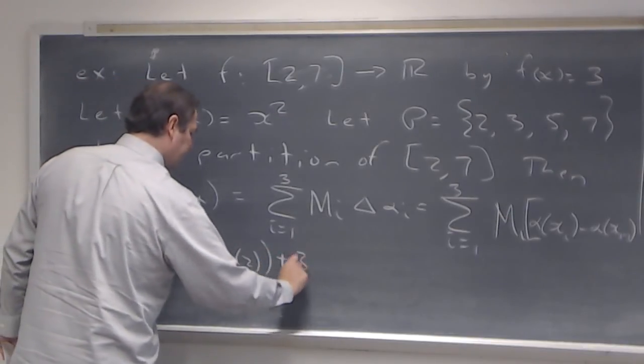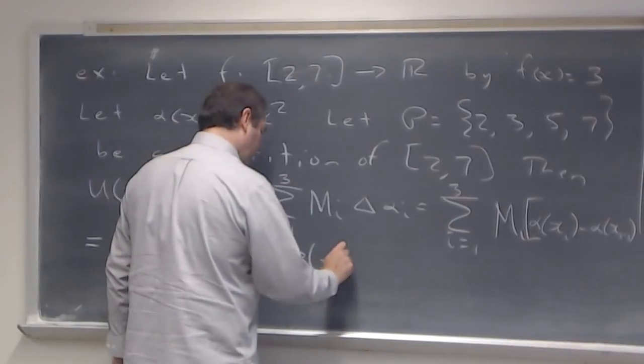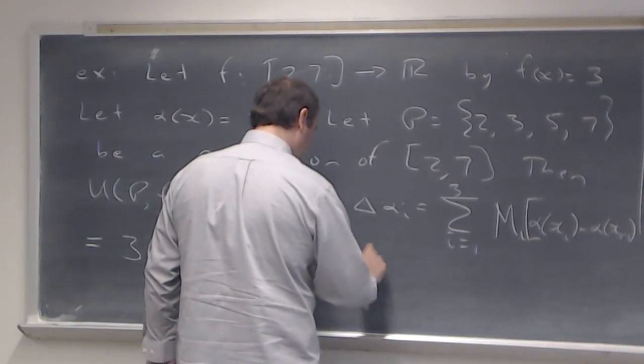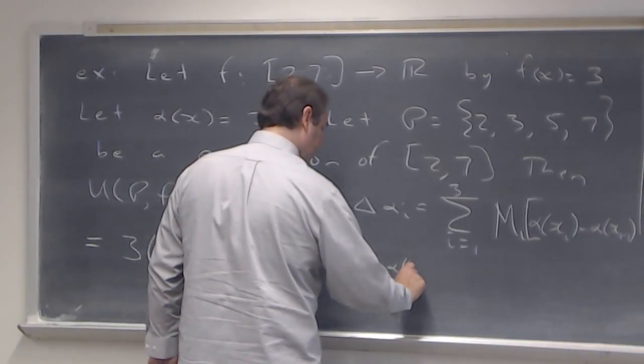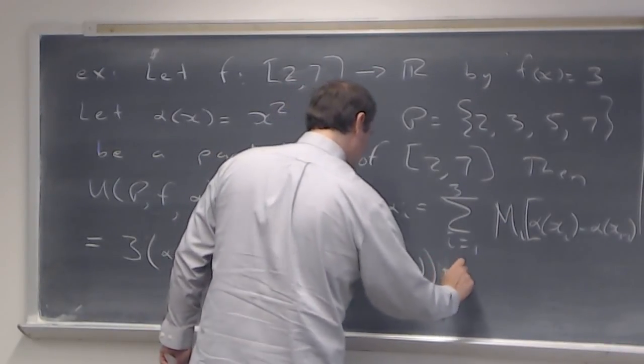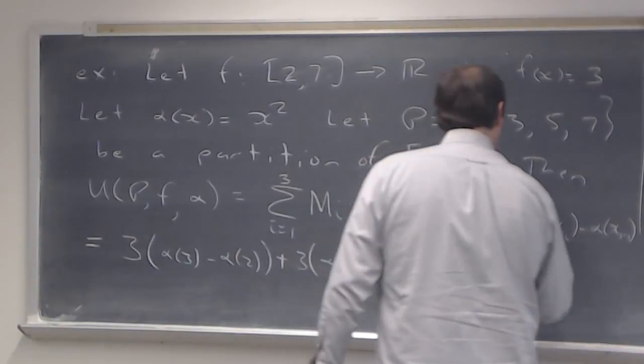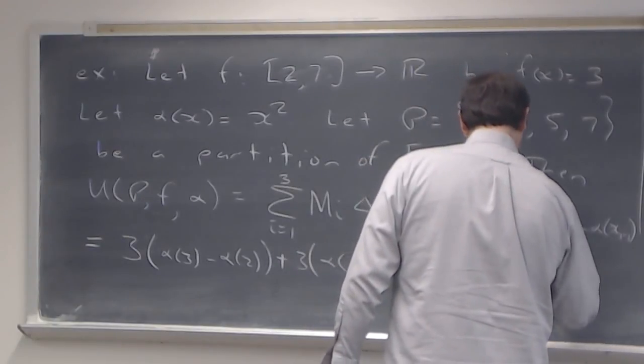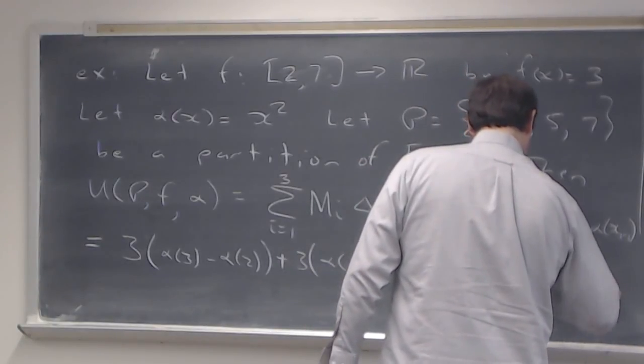And then plus, again, 3 times alpha of 5 minus alpha of 3. And then plus 3 times alpha of 7 minus alpha of 5.